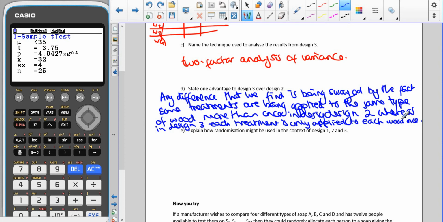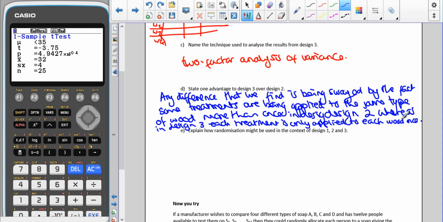And the reason why this is an advantage is because if it turned out that wood 1 meant that the treatment dried faster, then treatment A in design 2 is going to be skewed by that fact, because treatment A was applied to wood 1 twice, whereas treatment B and C were only being applied to wood 1 once, and therefore they're not getting the advantage of that shorter drying time twice like treatment A is.